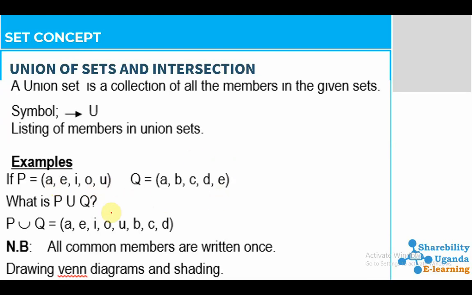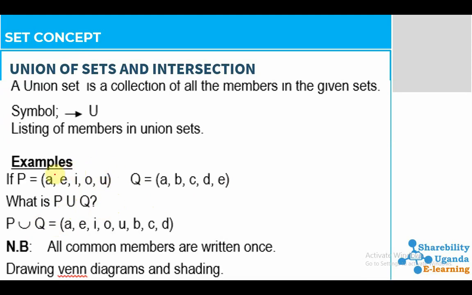They may tell you what is the union of this set, or they may ask you to find the union of P and Q. Okay, so P union Q is equal to, we look for members, we arrange them very well.